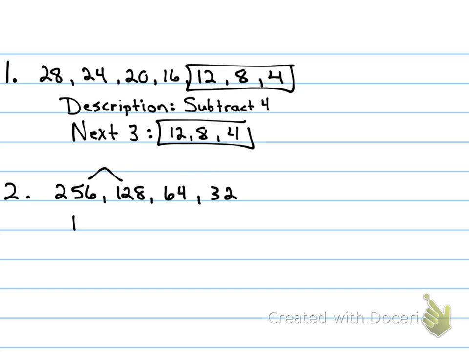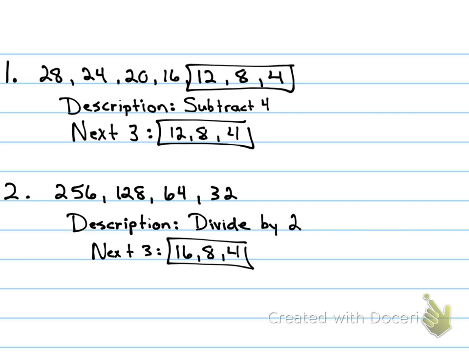You can work them out of order if that could help you establish that pattern. So we are dividing by 2, so what are going to be the next 3 numbers in our pattern? Very good. 16, 8, and 4. So that's the answers to 1 and 2.